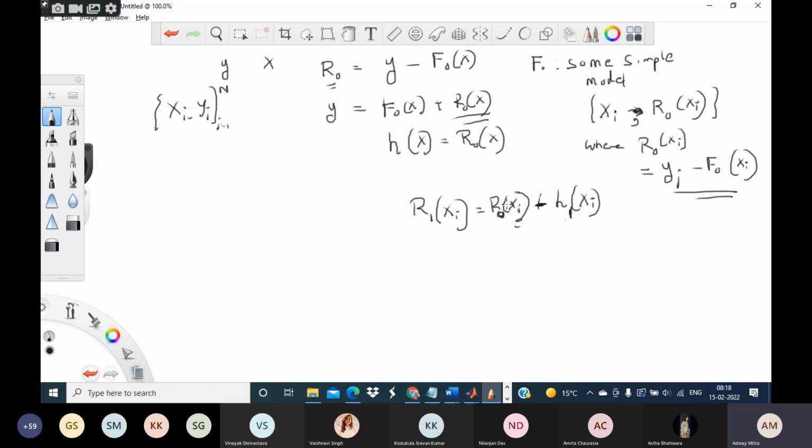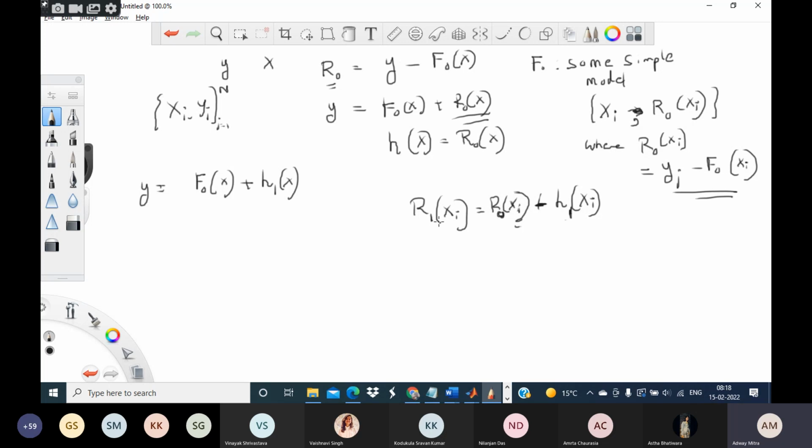So now basically we can say that initially f naught was my estimate of y. Now my new estimate has become f naught x plus h1 of x. But still that is not equal to y.